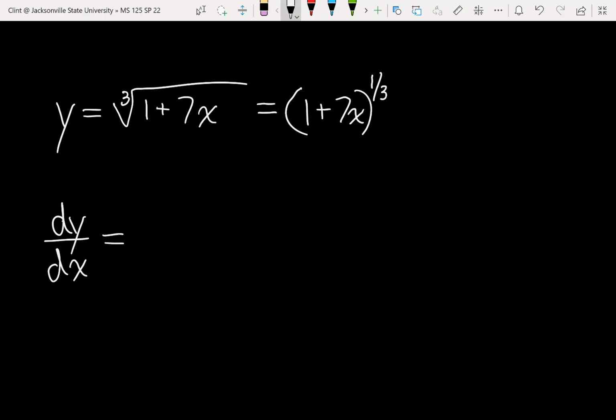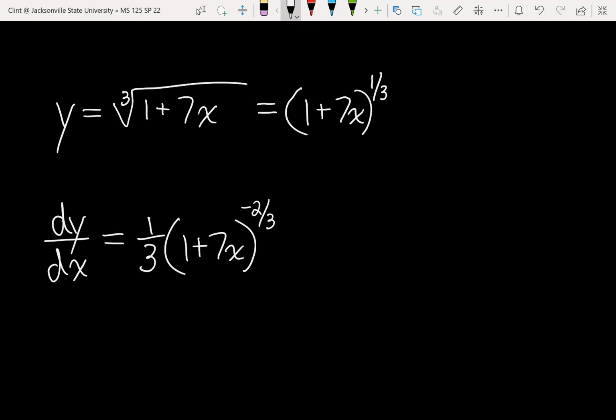So then when we take the derivative, we're going to multiply the 1/3 up front. Just copy down the inside function part. And then we'll subtract 1 from the exponent, so we get negative 2/3. That's like taking the derivative of the outside function.